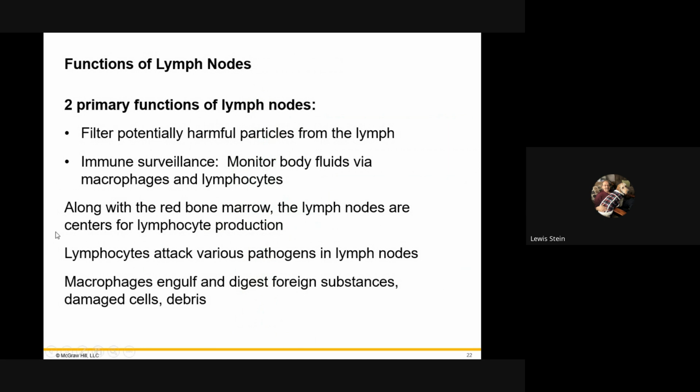When the idea of lymph nodes being for lymphocyte production comes up, once they are activated, that cloning is what they're talking about there. So they are not centers of production; they are produced in the bone marrow, and they may or may not be finalized in the thymus or the bone marrow. But when you talk about production, those are production areas. When you talk about cloning, they've been activated. Now they're going about their life's work.